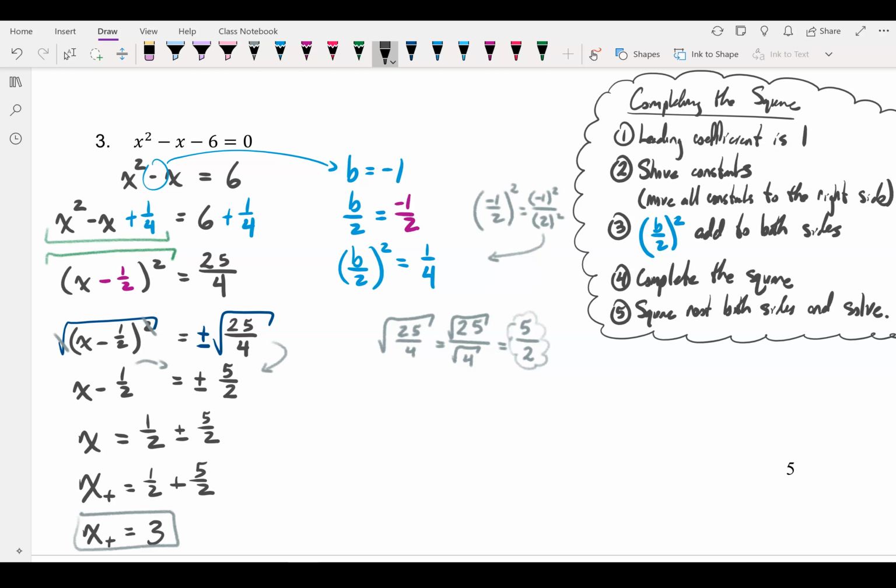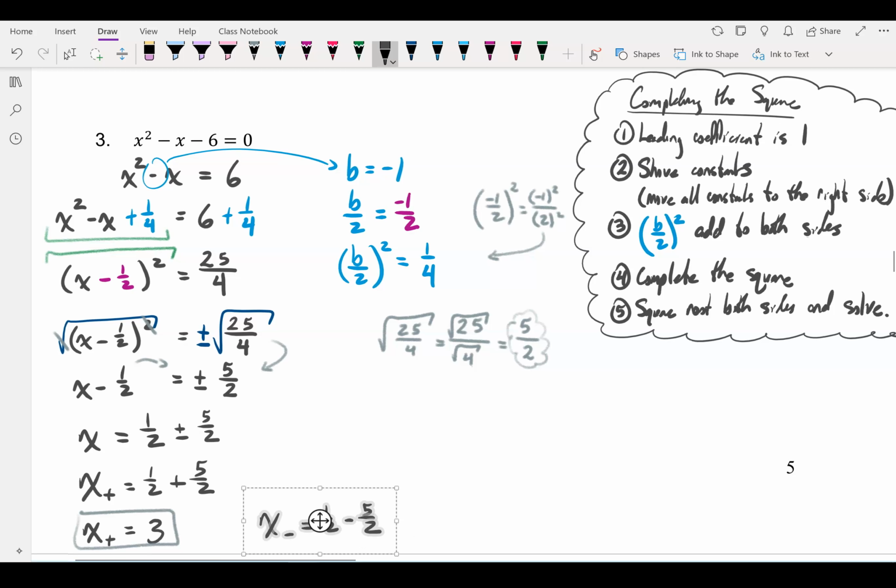I'll help you out. And what if I take the negative version? That's 1/2 minus 5/2. So this is the plus version. This is the negative version. What is 1/2 minus 5/2? If you work it out, it's actually negative 4/2 or negative 2.